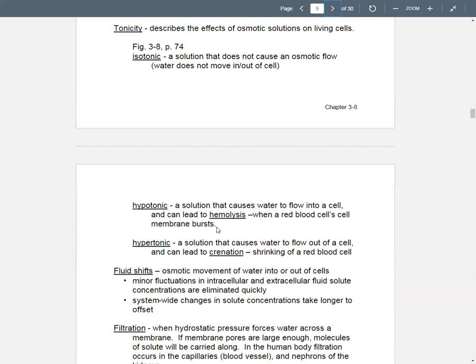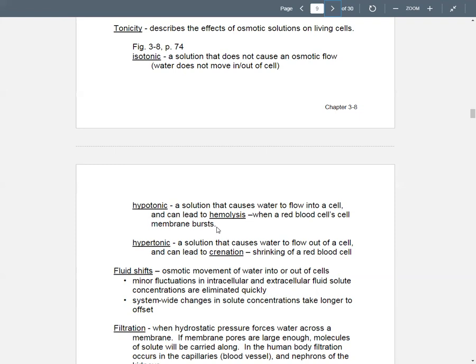What's the effect of this? Can lead to something we call, in the case of red blood cells, hemolysis. Hemo has to do with hemoglobin, something you find in your red blood cells. Lysis means to break. So if you burst the red blood cell, it's called hemolysis.